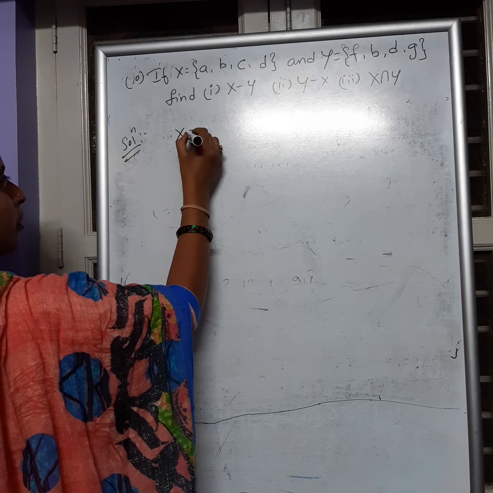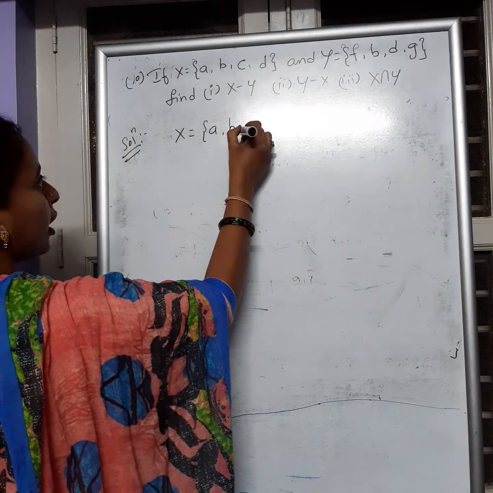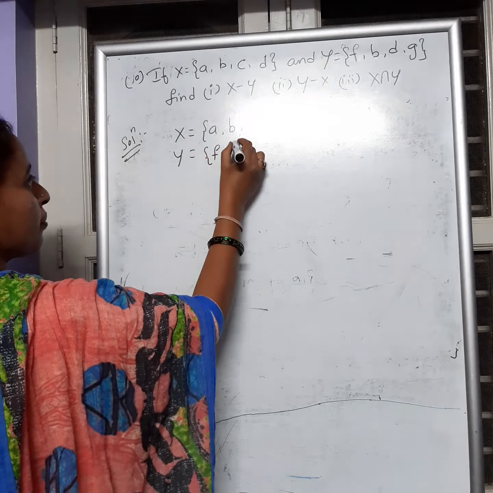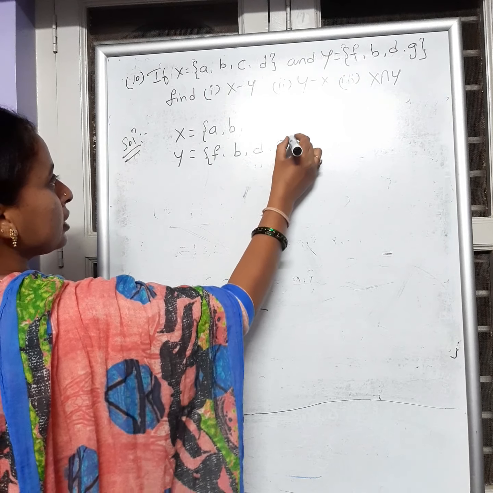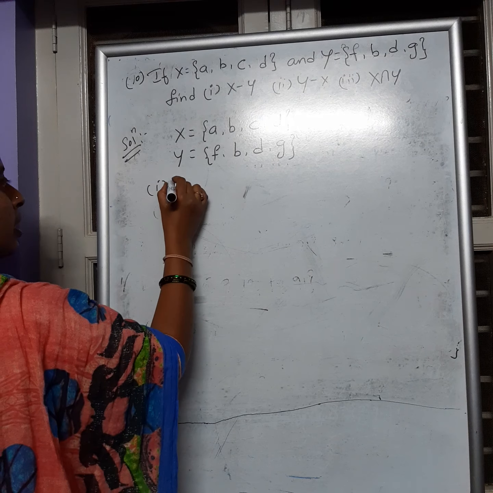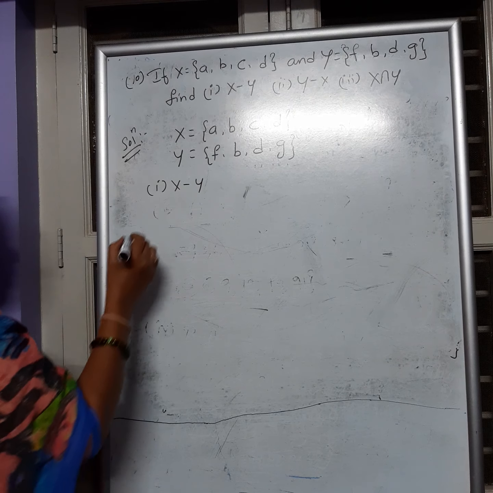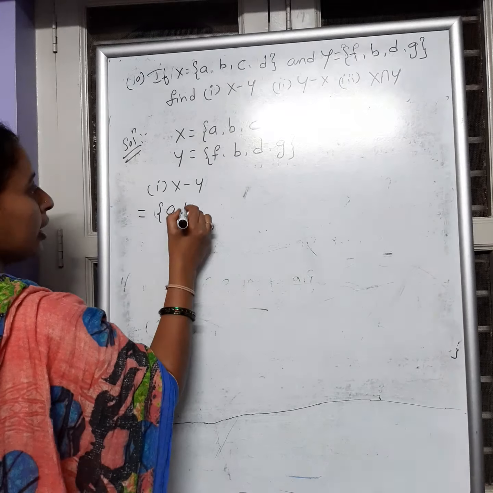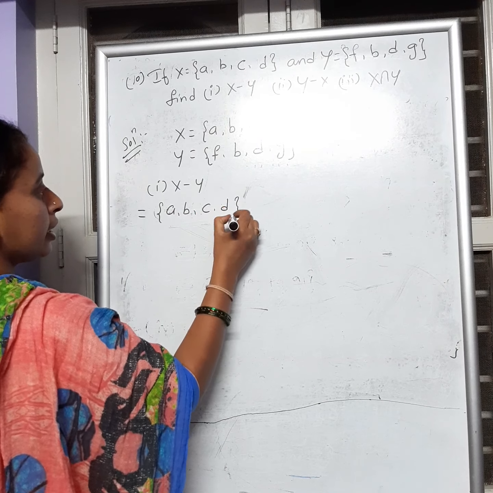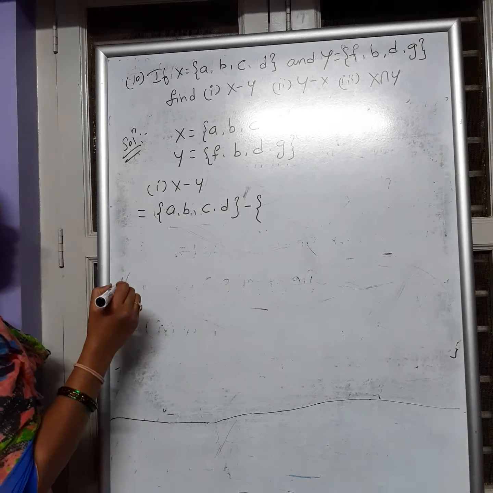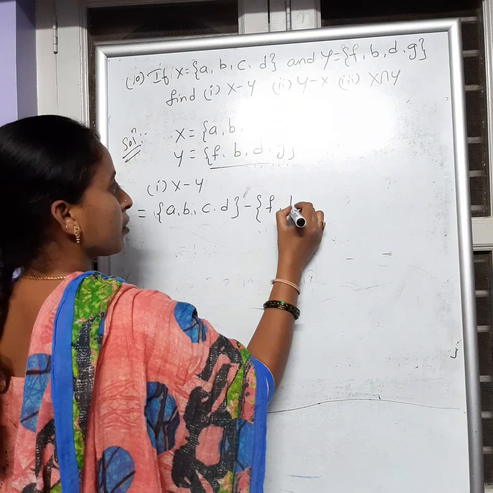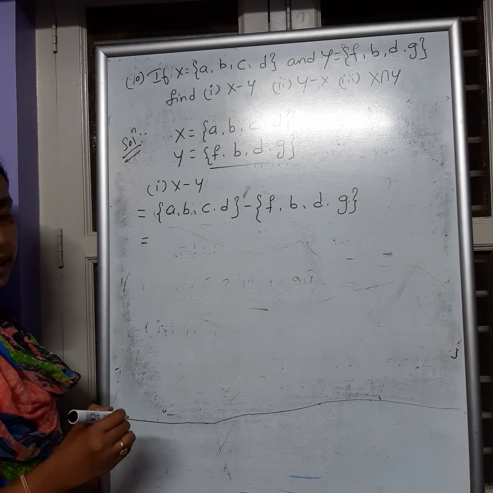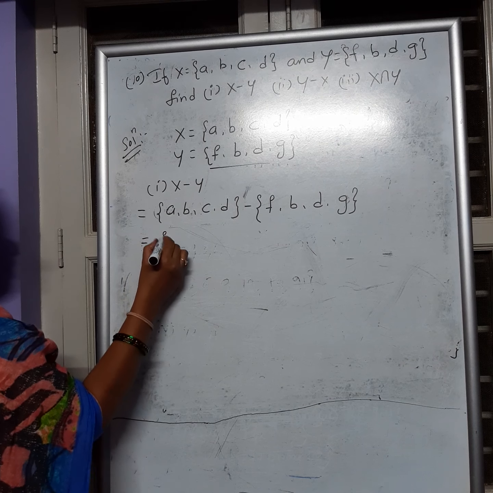So first take the given sets, x equal to A, B, C, D and y equal to F, B, D, G. Here first one, x minus y. So take the elements of x. What is that? A, B, C, D minus the y elements F, B, D, G. And take the difference of these two sets.